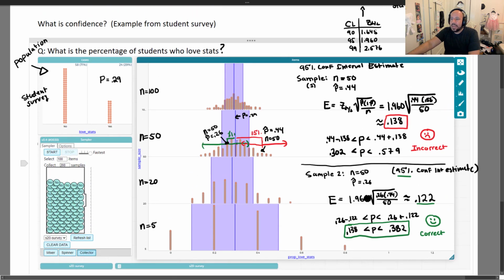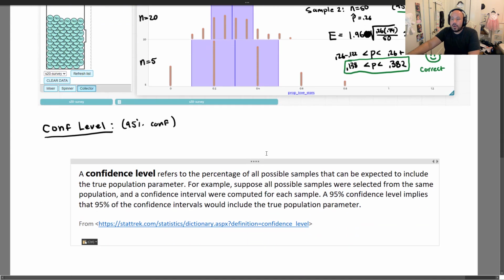Like how many of these, after I build in my margin of error, are going to be correct, and how many of them are going to be false? So what our confidence level is really trying to do is make it so that a certain percentage of them are expected to be correct.